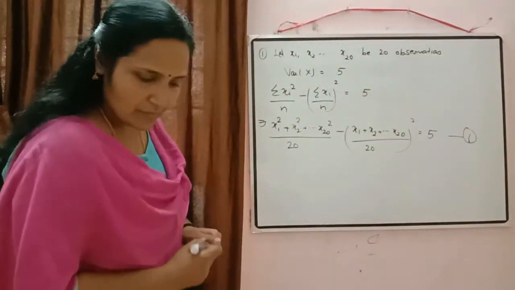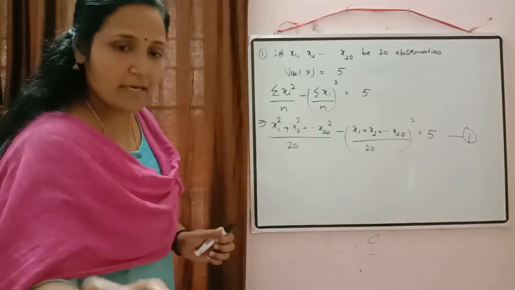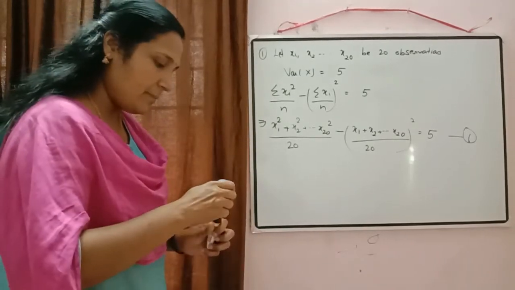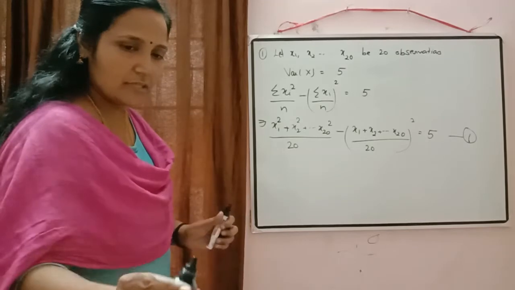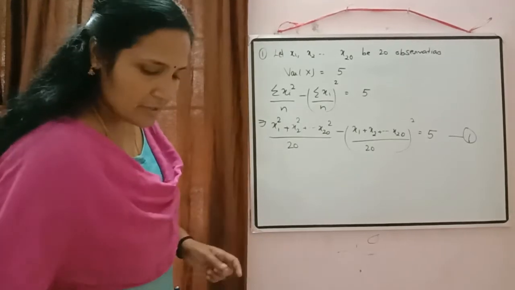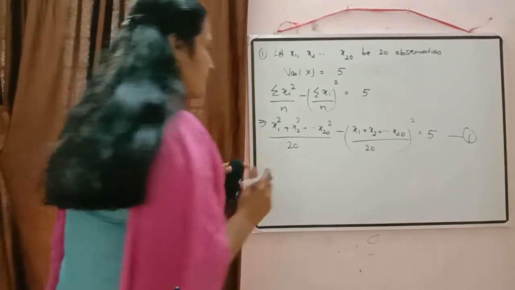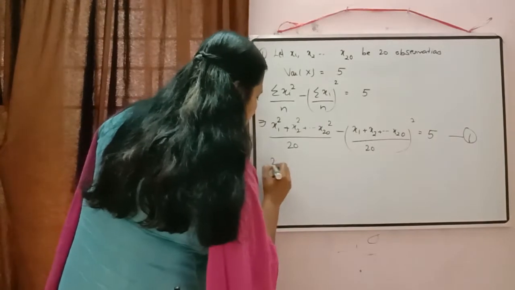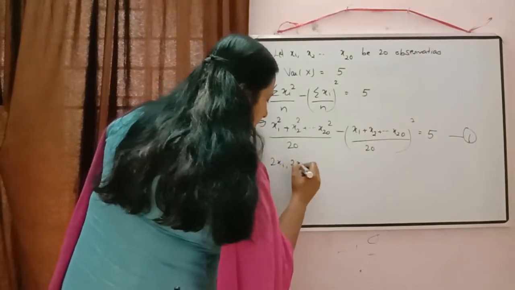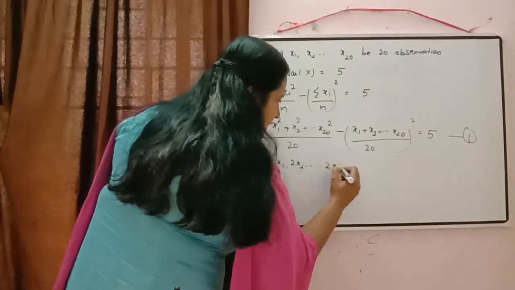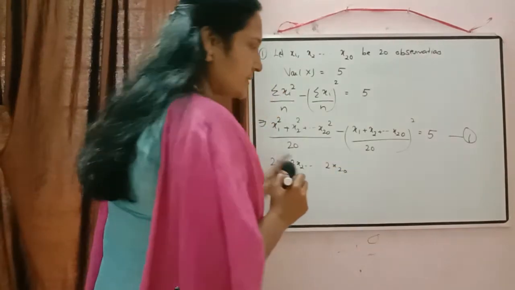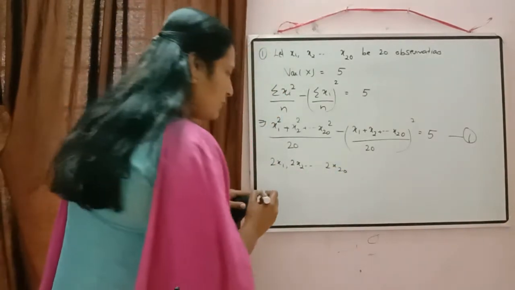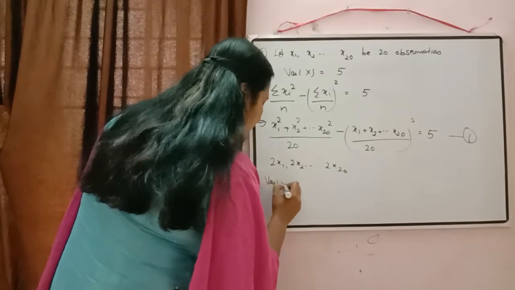Now they are saying each observation is multiplied by 2. So write down, let the new observations be 2x1, 2x2 up to 2x20. Now we can check how to calculate the variance.